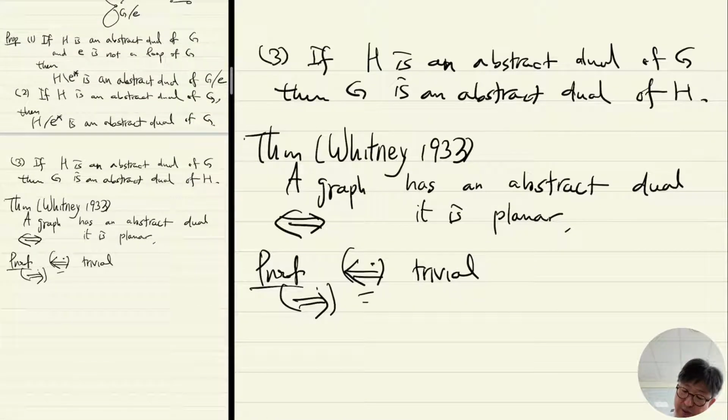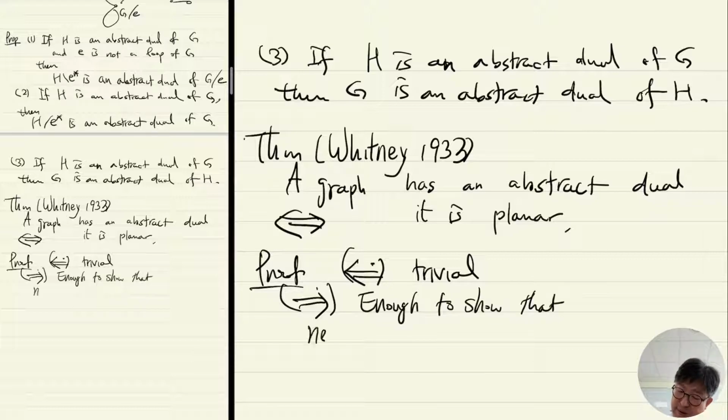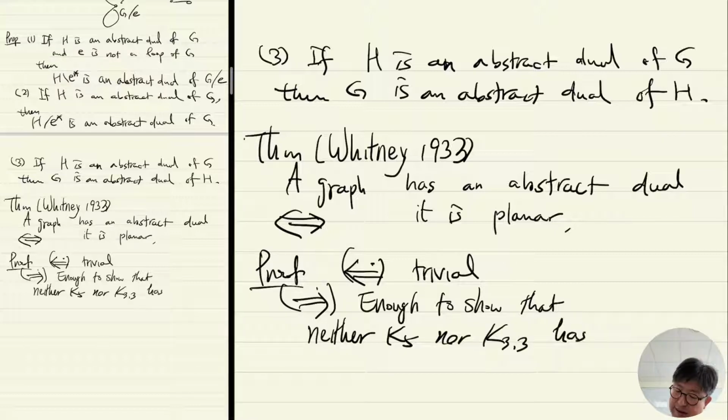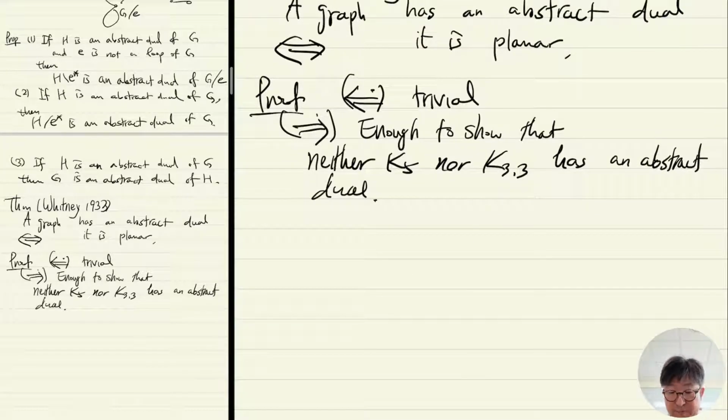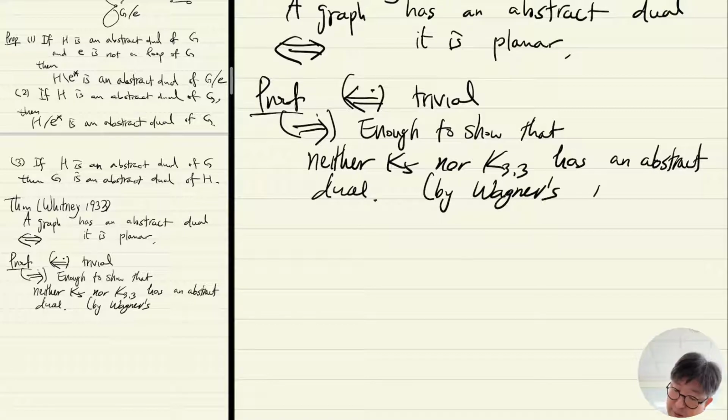So it's enough to show that neither K5 nor K33 has an abstract dual. All right, big Kuratowski theorem, because if a graph is non-planar, then it must have a K5 or K33 minor.